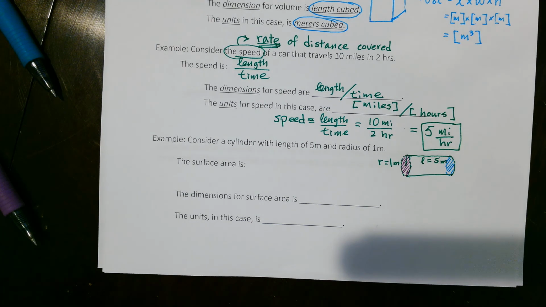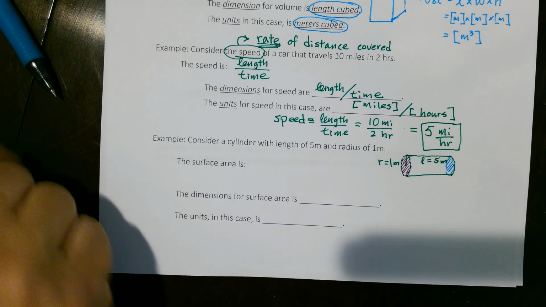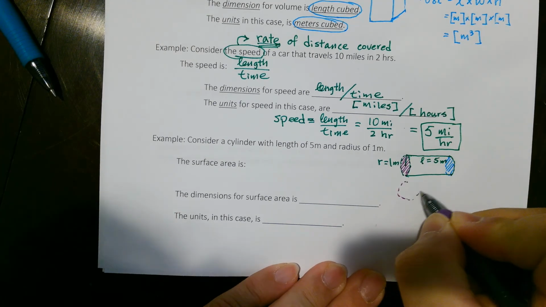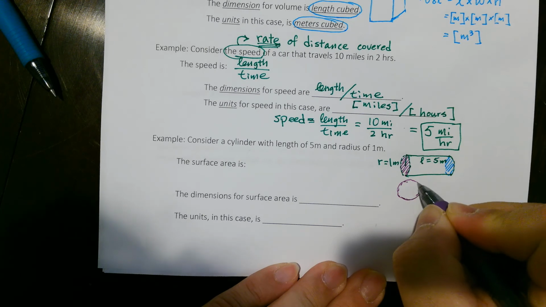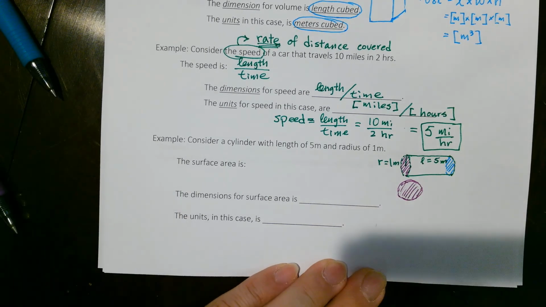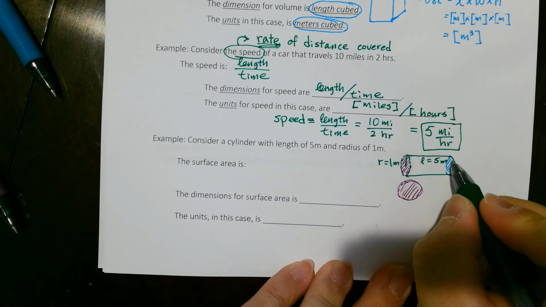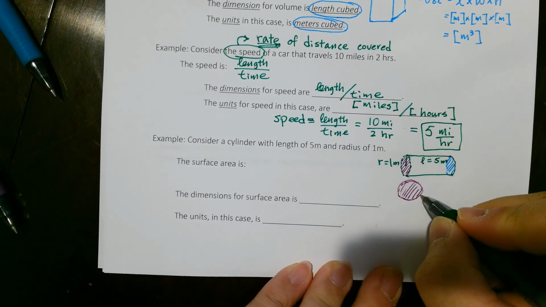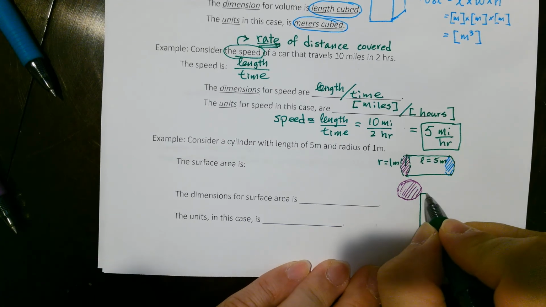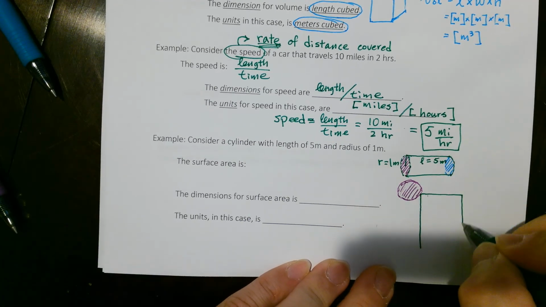So if we were to actually open this can up, what happens? Well, what we would see is the top lid, right? Top lid right here. And then if we open this tubular structure up and flatten it out, we would have that.